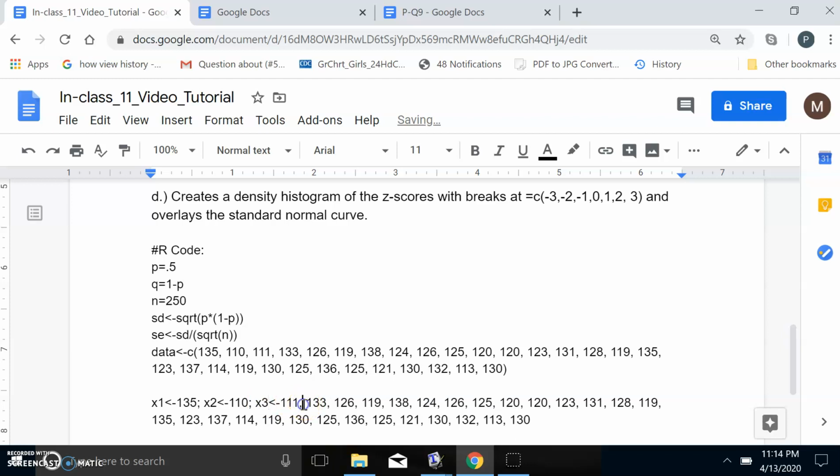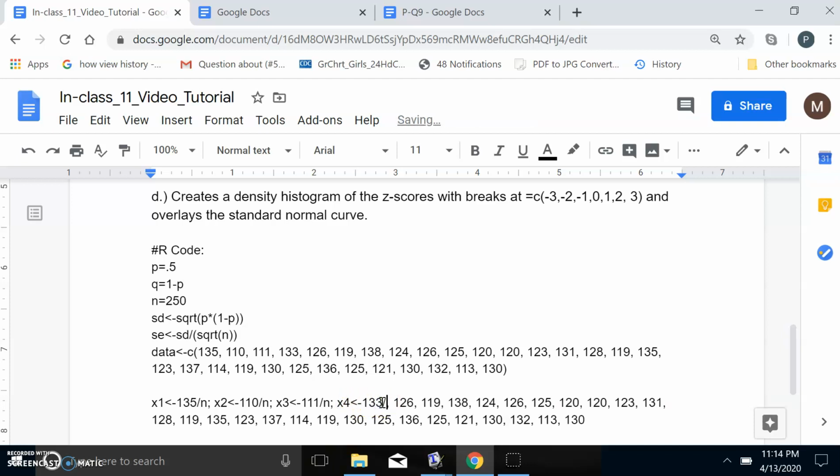Oh, sorry, you need to divide these by n. So x3 is divided by n, then x4 divided by n, and a semicolon.